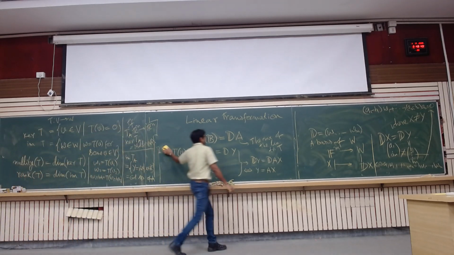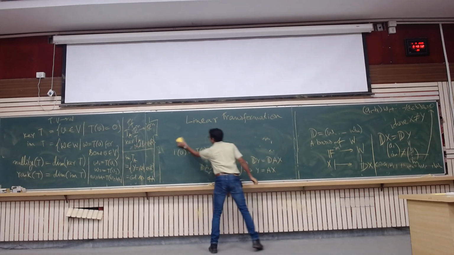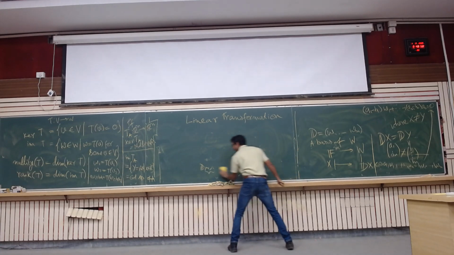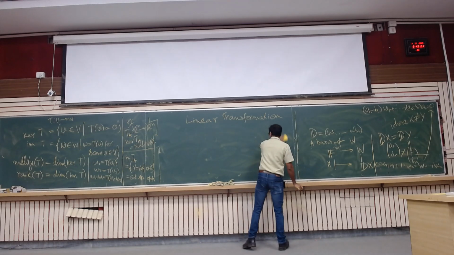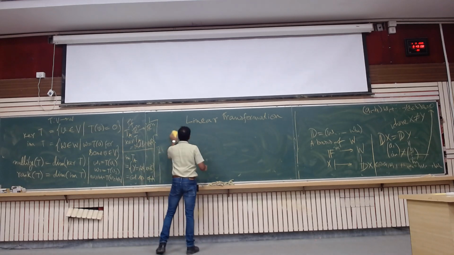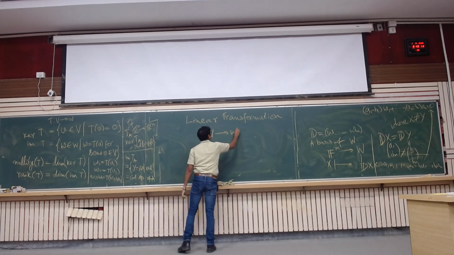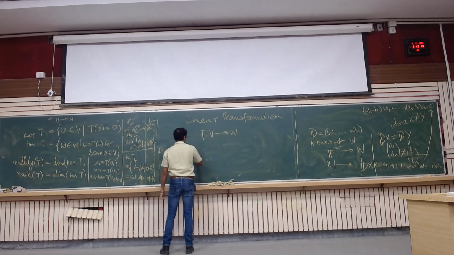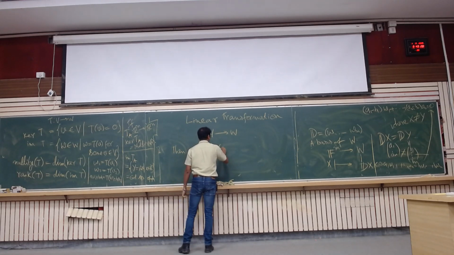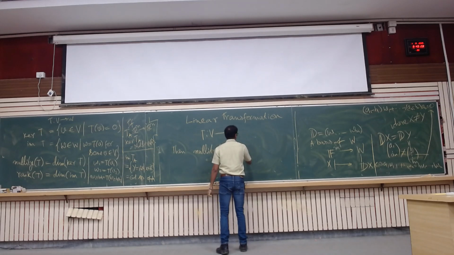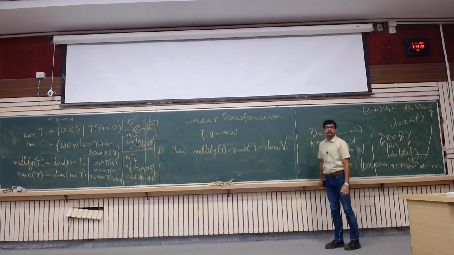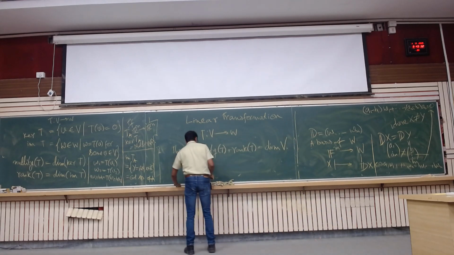So once we have defined this, the dimension formula, which you have perhaps seen already for matrices, says that if T is a map from V to W, then the nullity of T plus the rank of T is equal to the dimension of V. It's called the dimension formula or the Rank-Nullity theorem.